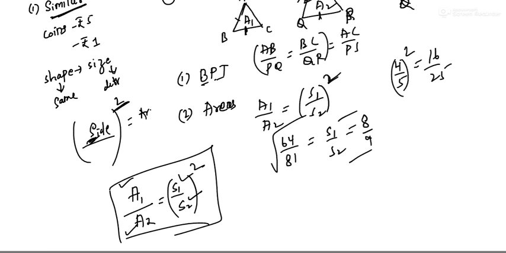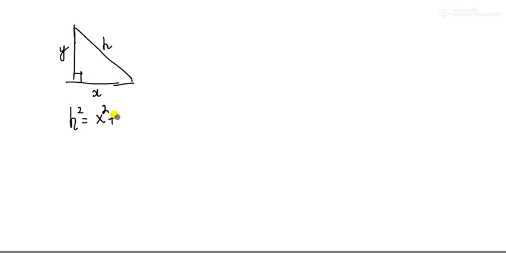Okay, and the third part is the Pythagoras theorem. So it is this one. This is the hypotenuse, this is x, if this is y. So what is the Pythagoras theorem? H square is equal to x square plus y square. So here they may give triplets, 4-5 options they will give. Okay, triplets. What are these triplets? The three sides which are valid for this Pythagoras theorem.